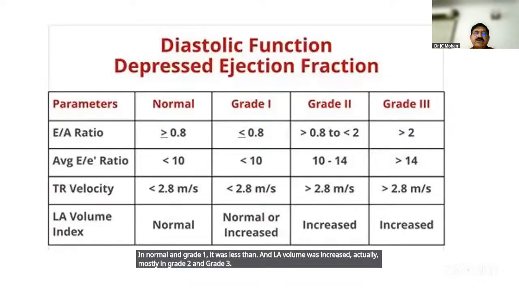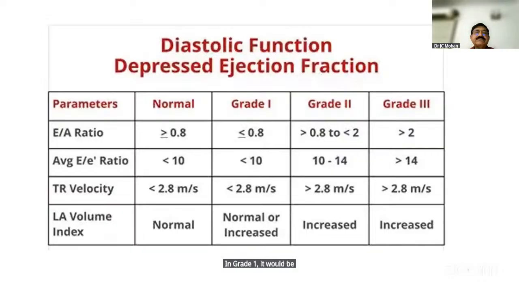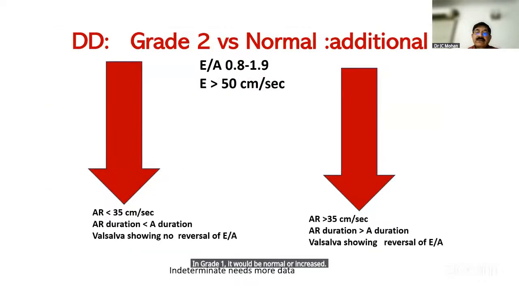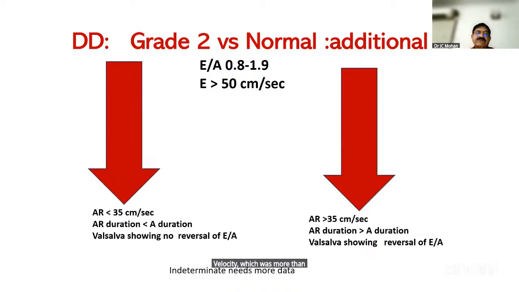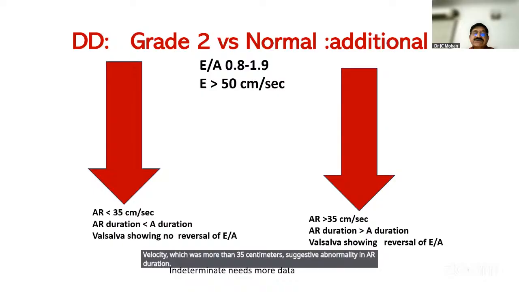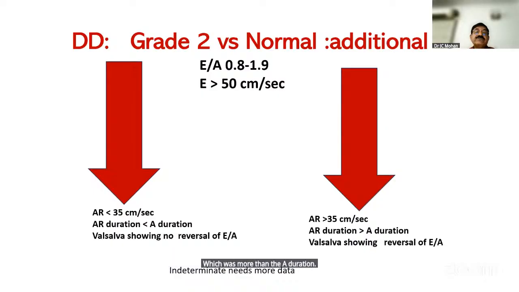In grade 1, it could be normal or increased. They also suggested, of course, in indeterminate cases to do a Valsalva maneuver, which has been discussed by Dr. Singh in detail, and atrial reversal velocity more than 35 centimeters per second suggests abnormality, and AR duration more than the A duration of pulmonary.